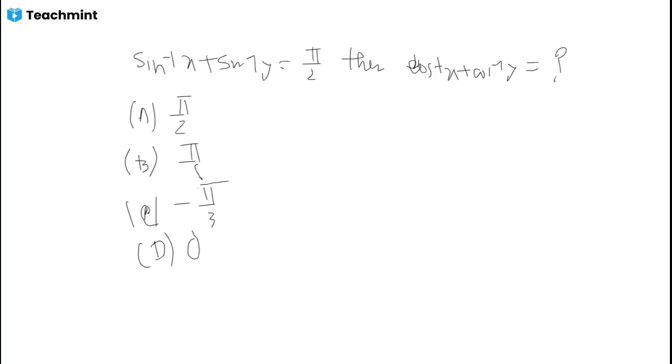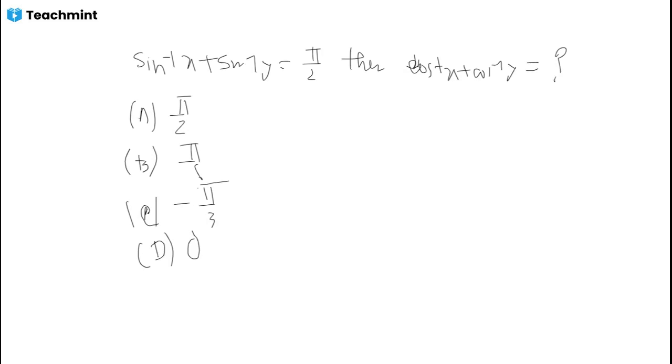Now we can arrange this as sine inverse x plus sine inverse y plus cos inverse x plus cos inverse y. Now, what is given? Sine inverse x plus sine inverse y is equal to pi by 2.